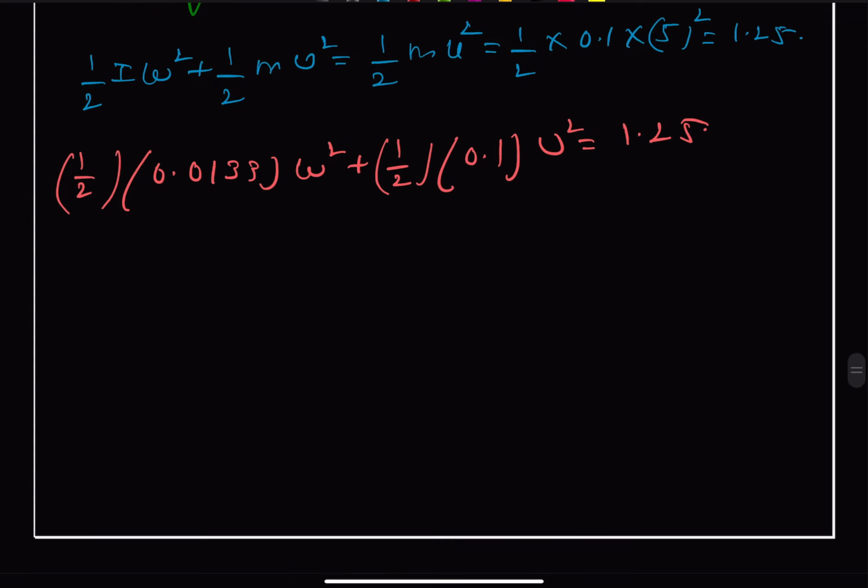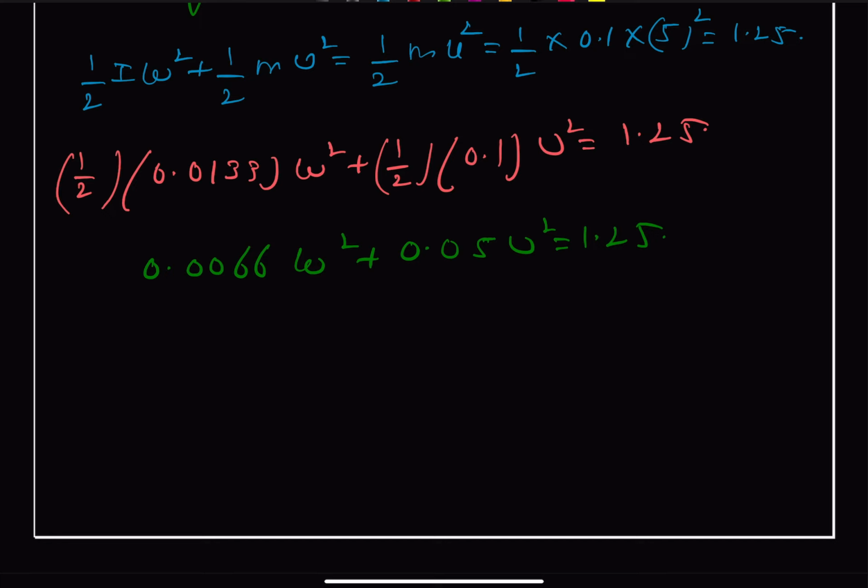So we get this as 0.0066 omega square plus 0.05 v square is equal to 1.25.